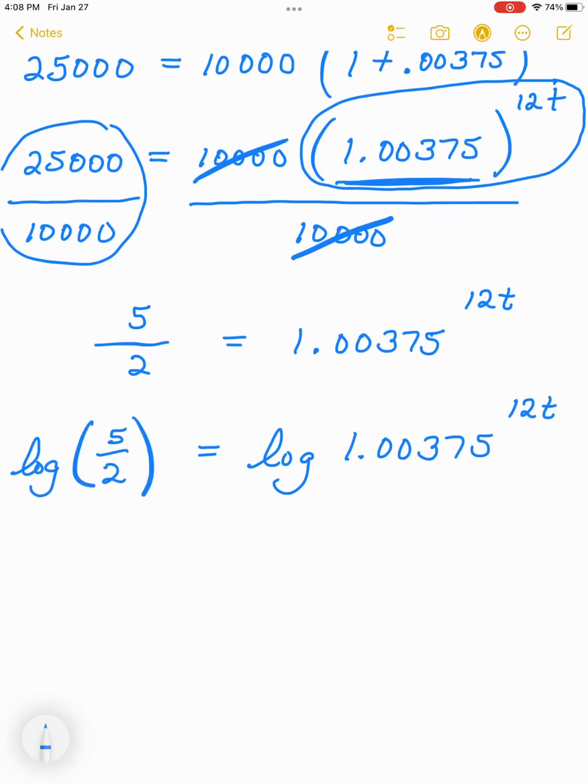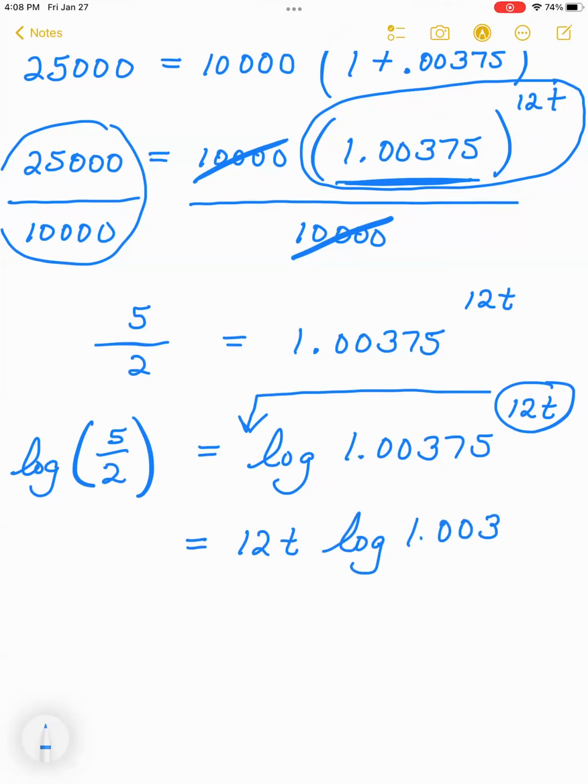When we do that, according to the power rule of logarithms, I can move this exponent out front of the logarithm, and rewrite the expression on the right side as a product. So I can rewrite this as 12t times log 1.00375, which is awesome because now I can easily solve for the missing t.